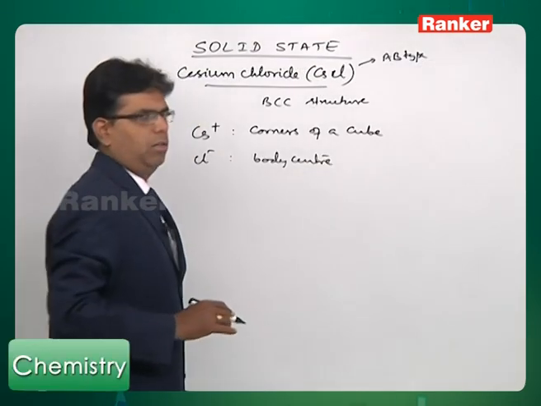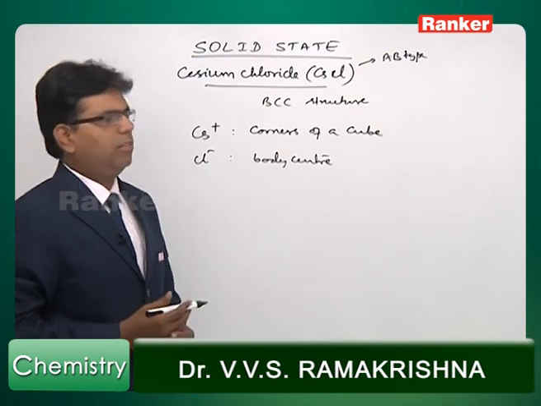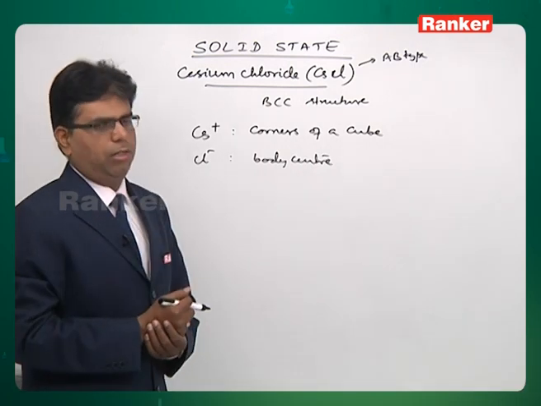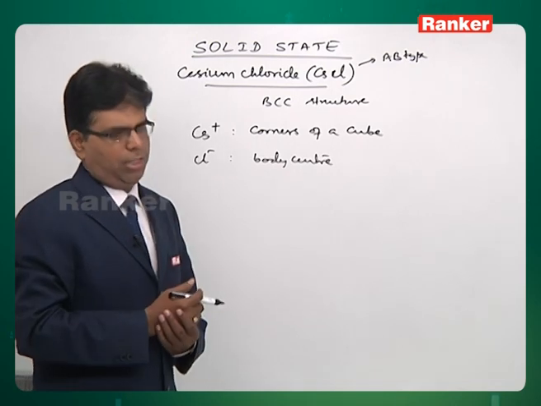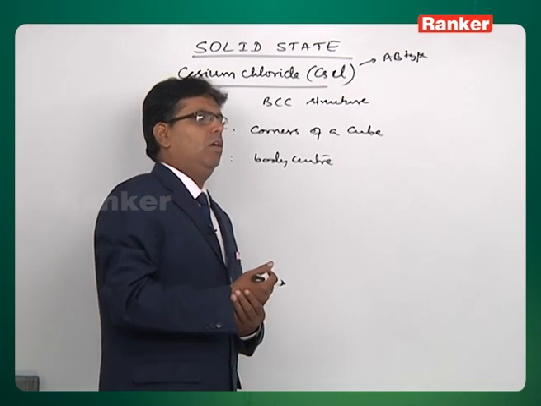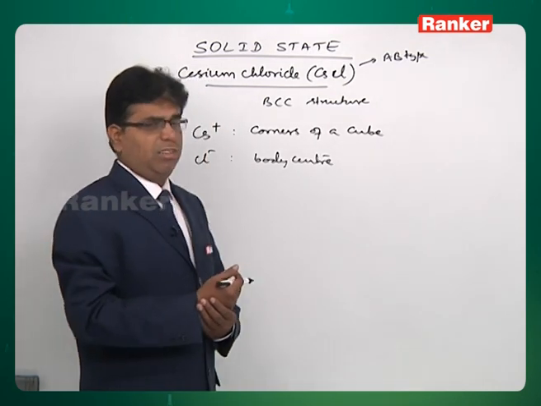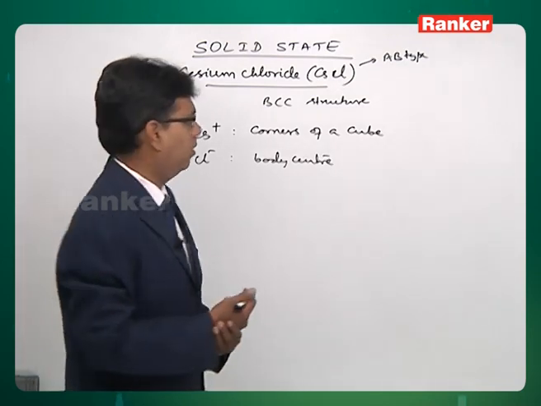because cesium ion being very large, the ratio of cation to anion, or vice versa, either way you can consider it, like in the previous examples we have seen, it is about 0.8.